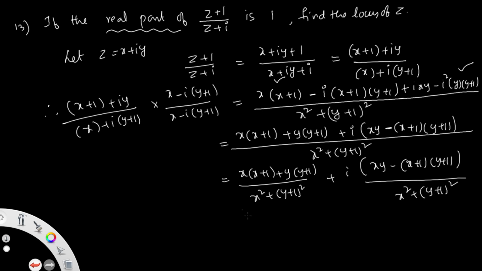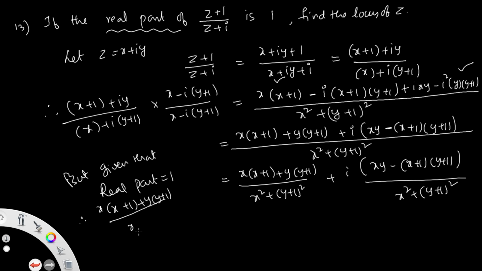Now the question gives that the real part equals 1. This is the total real part and this is the imaginary part. Therefore, x into (x plus 1) plus y into (y plus 1), divided by x square plus (y plus 1) whole square, equals 1.